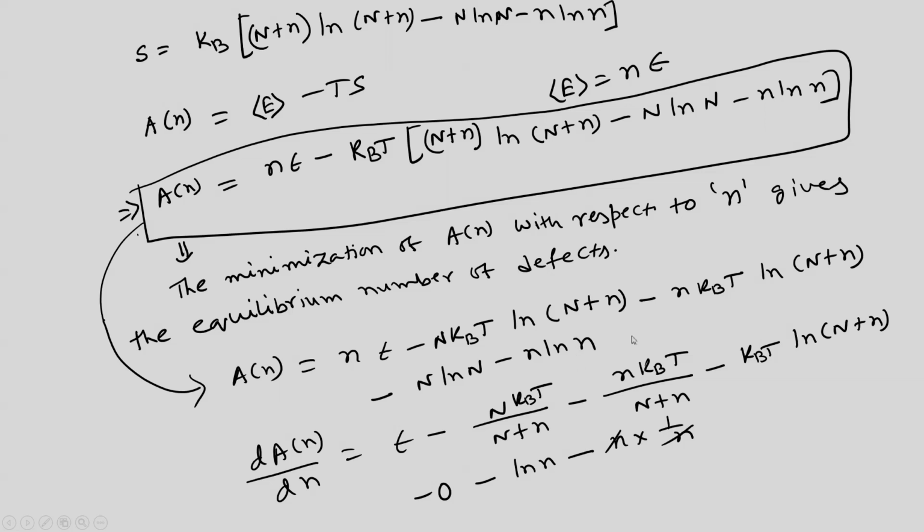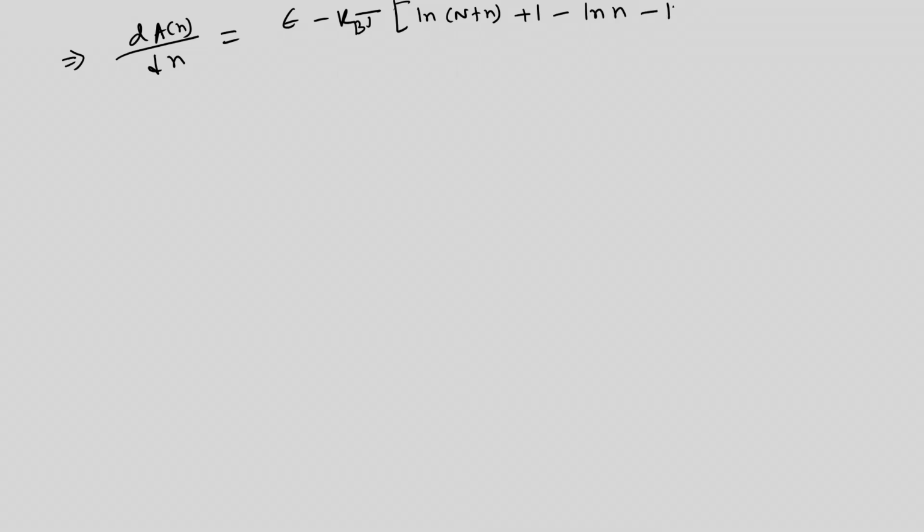So, we get dA(n) by dn equals epsilon minus kBT times ln (N plus n) plus 1 minus ln n minus 1, and this gives 0 as we said.